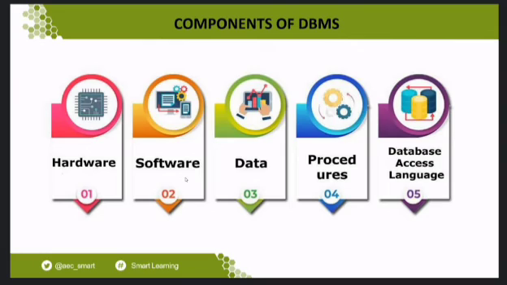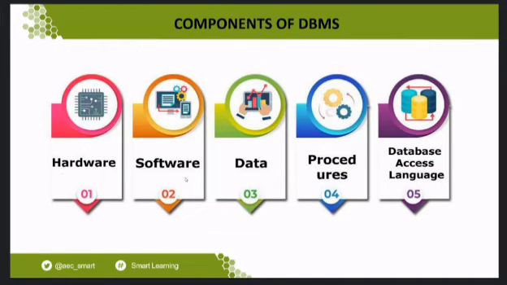Next slide. Components of DBMS. First we can see hardware. When we say hardware, we mean computer, hard disk, input output channels for data, and any other physical components. Next we see software. This is the main component. This program controls everything. Data. Data is the resource for which DBMS was designed.